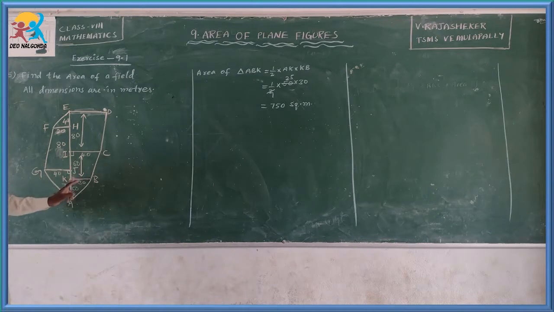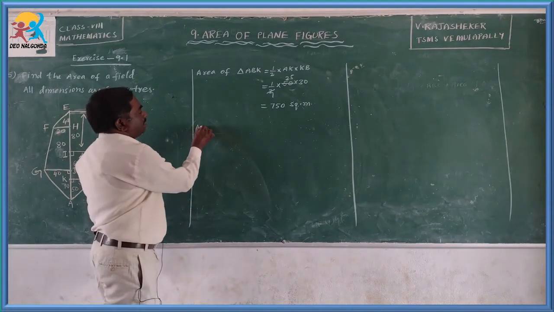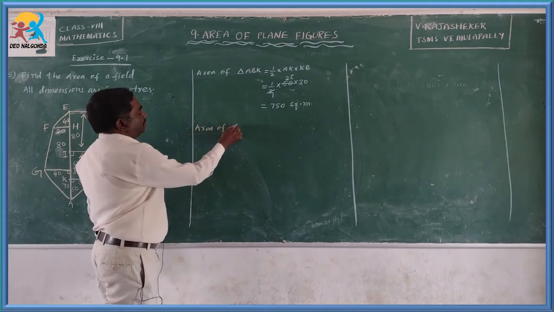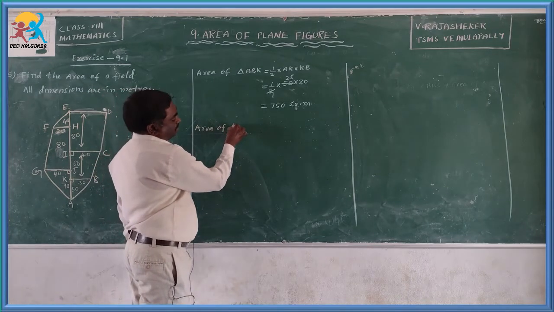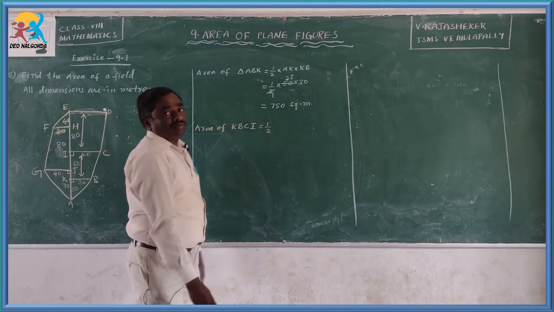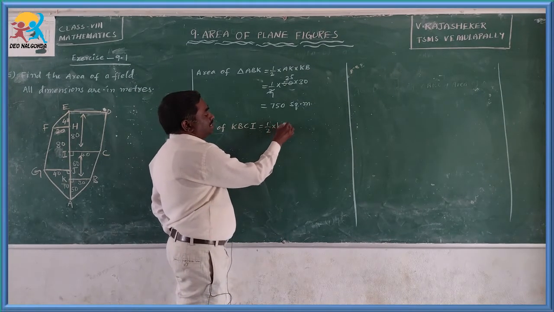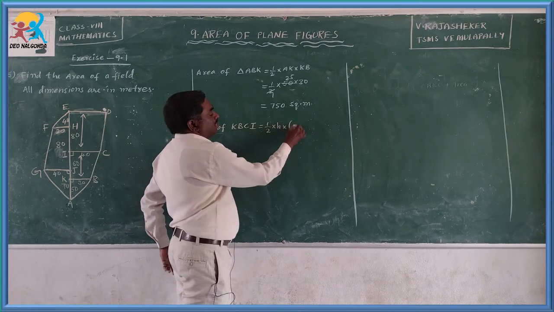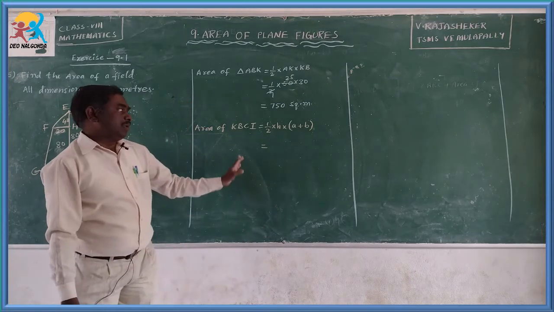Next, let us find the area of this trapezium KBCI. IC and BK are the parallel sides. Area of trapezium KBCI is equal to half into distance between the two parallel sides into sum of the lengths of the two parallel sides. This is the formula.